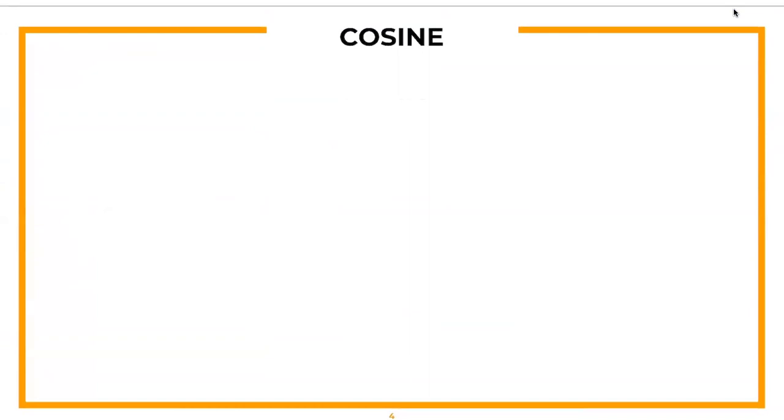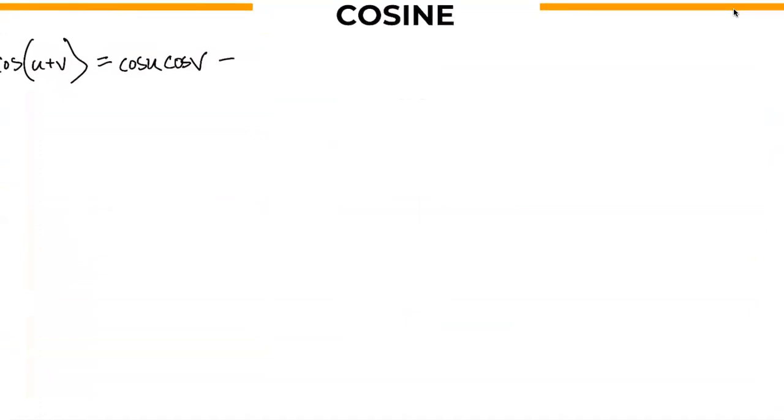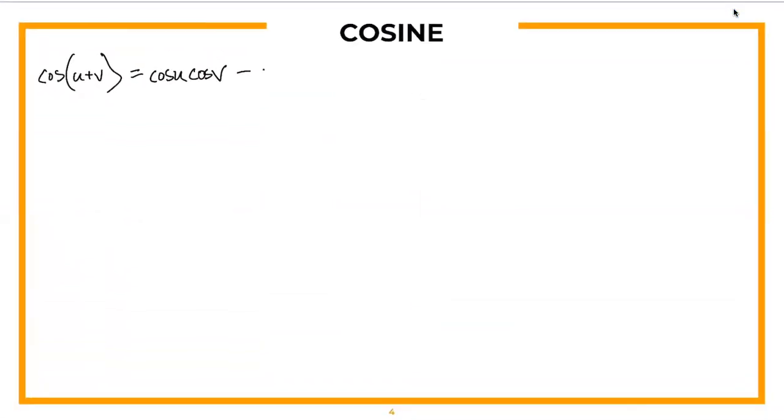Okay, so we're going to figure out where the cosine double angle formula comes from using the same kind of reasoning. So yesterday we learned that cosine of u plus v is cosine u cosine v minus sine u sine v. And so today we're looking at a special case where u is equivalent to v.